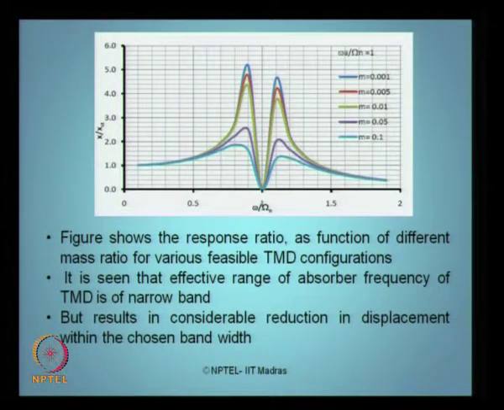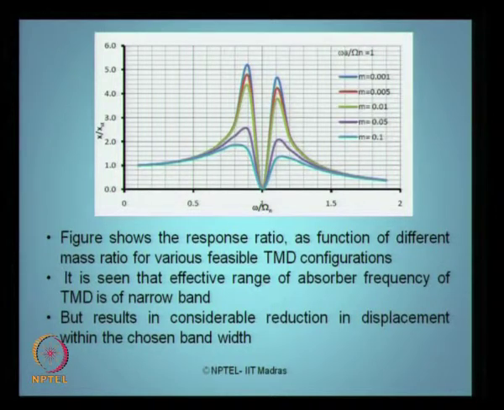So, you get two peaks on either side of the natural frequency peak, that is resonance frequency 1. I got 2 peaks now, but instead of the response shooting up infinitely to a very high value, it is controlled at around 5.